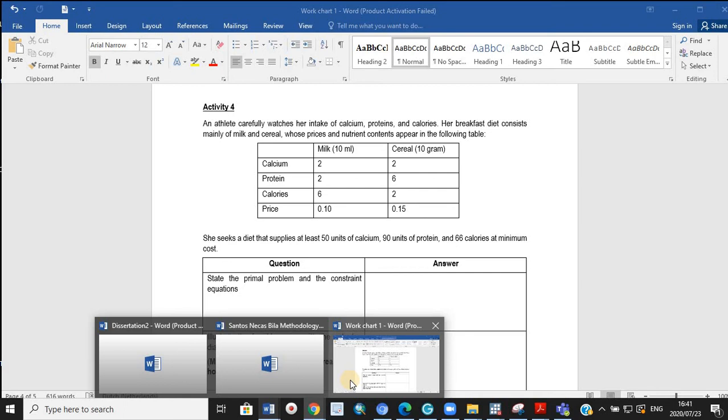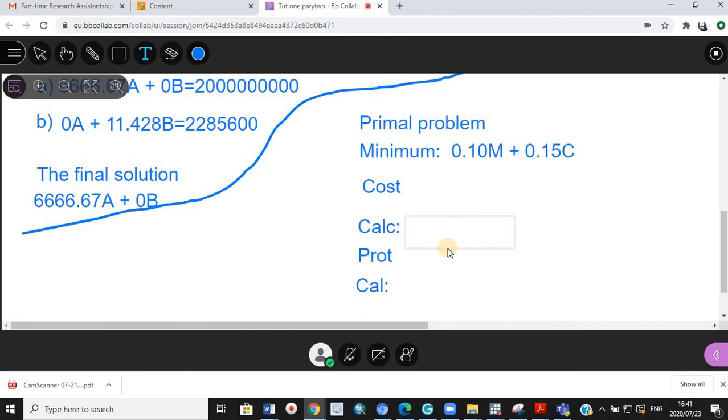Okay, then we know that now there is 2. So we can come here and say 2 for milk plus 2 for cereal, right? And we know the overall requirement.